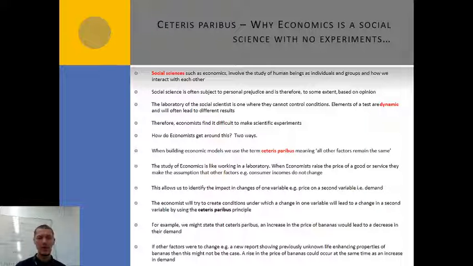If we go ceteris paribus, this allows us to identify the impact of changes in one variable, i.e. the price of a good, on the second variable, demand, without having to worry about anything else that can go on that's going to give us 10, 20, 30 different results. So ceteris paribus lets us create almost scientific conditions in what we do. And every diagram that we draw, that you draw with Tim and that you're going to be drawing with me, then becomes a static model.